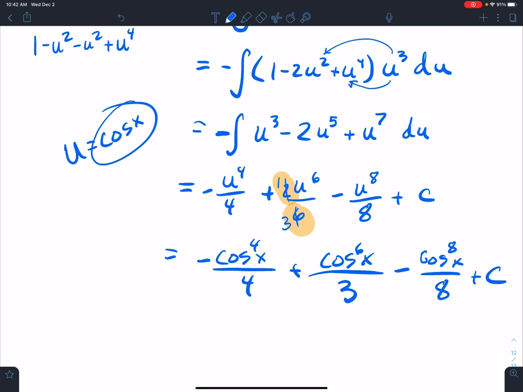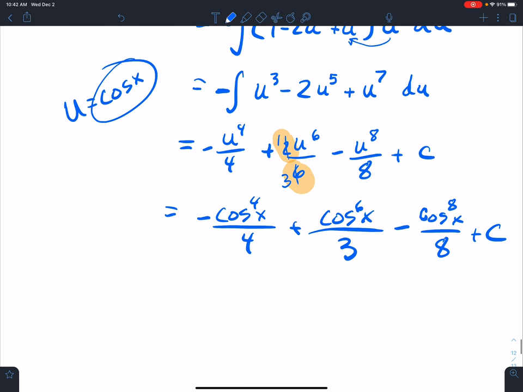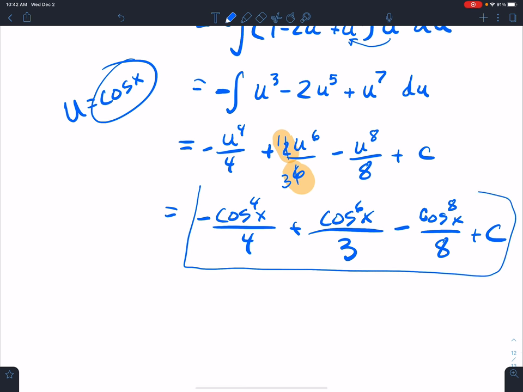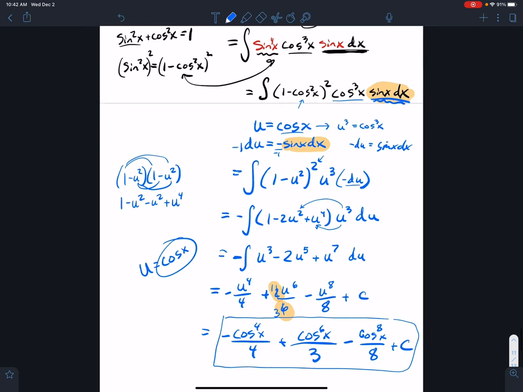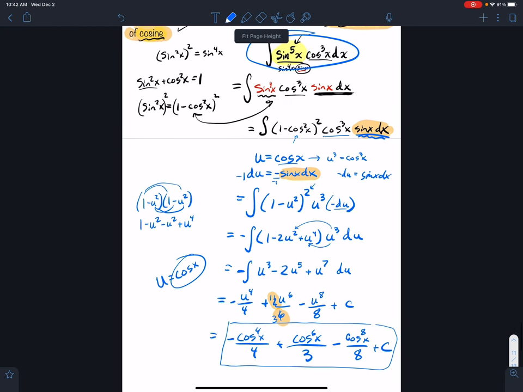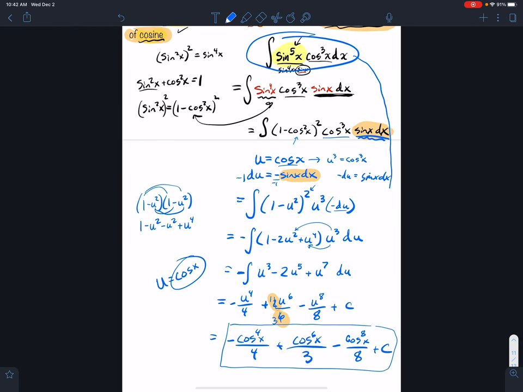Okay, that's a funky looking c there, but that is cosine to the 8th over 8. So this right here, pretty weird looking, that is the integral of this function that we started with right here.